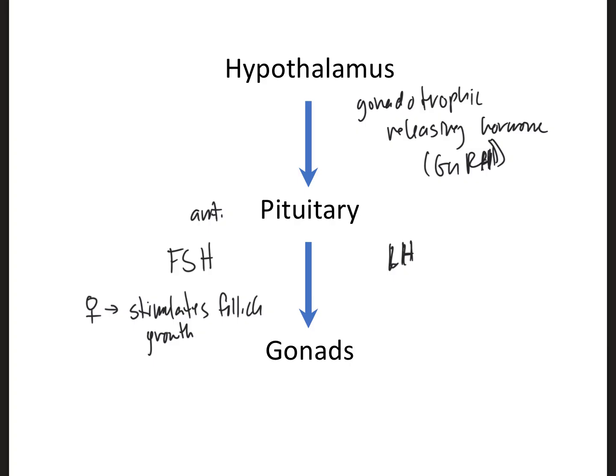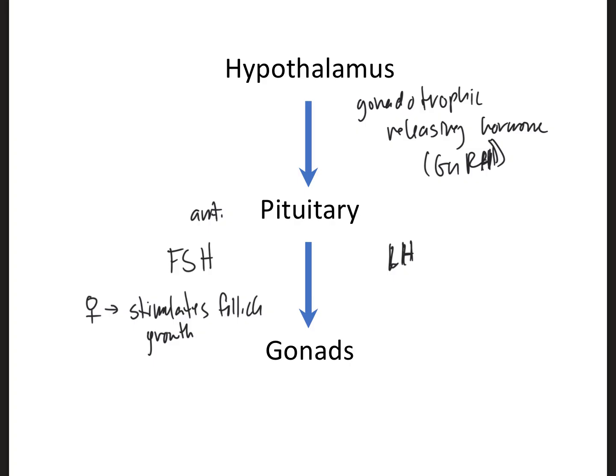Now, you may have heard that females are born with all of the gametes or the eggs they'll ever have. So how are follicles grown if they already have all of the eggs they are born with? Well, that's true. They are born with all of the eggs they'll ever have. But every month during a normal cycle, several of those oocytes are recruited. The cells around the oocytes develop into a follicle, and then eventually that follicle ruptures and releases the oocyte into the reproductive tract for potential pregnancy.